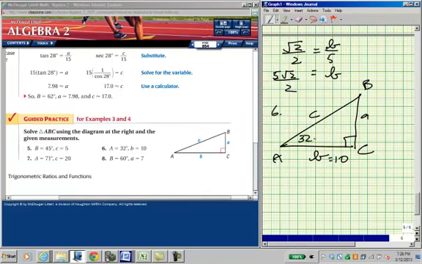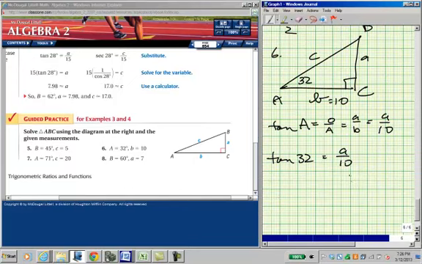All right, now the tan of A is going to equal opposite over adjacent, which equals A over B, which equals A over 10. So the tan of 32 equals A over 10. So A equals 10 times the tan of 32. And we put that into the calculator.